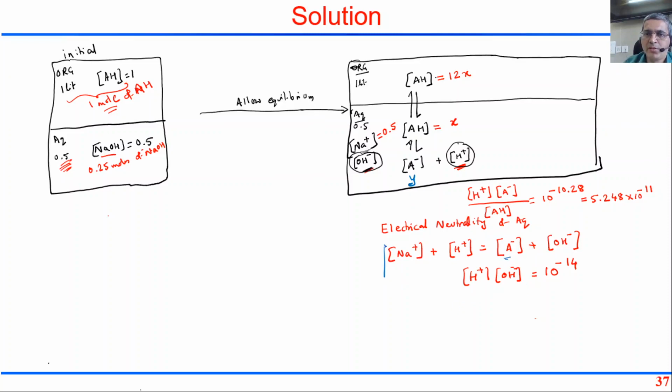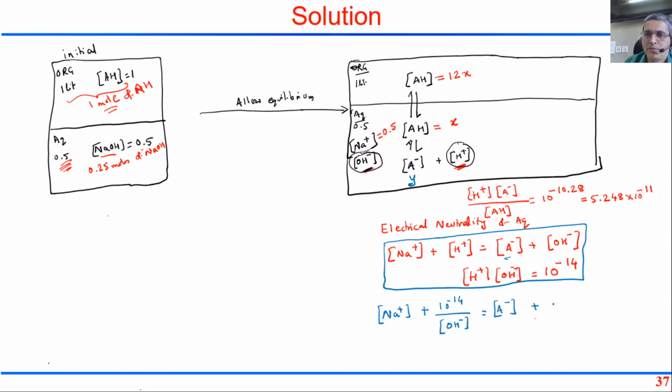These two equations, I can rephrase. Na plus, H plus I can write in terms of OH minus, 10 raised to minus 14 divided by OH minus, would be equal to A minus plus OH minus, isn't it?